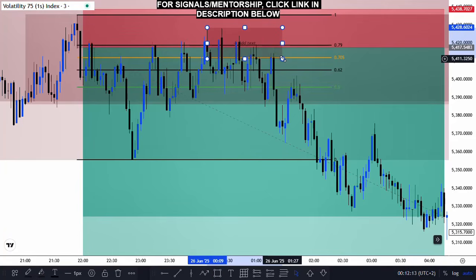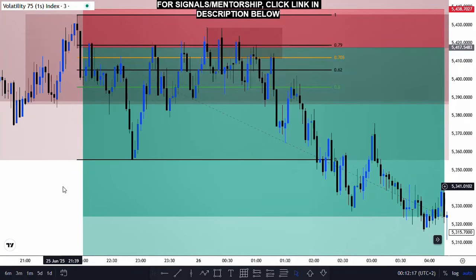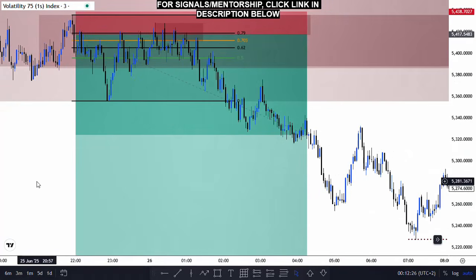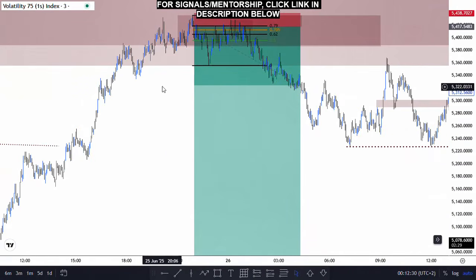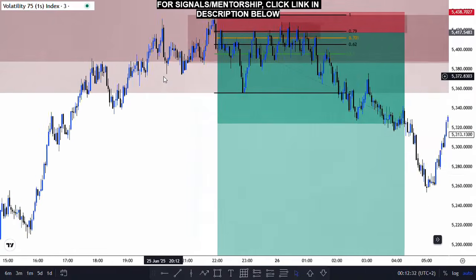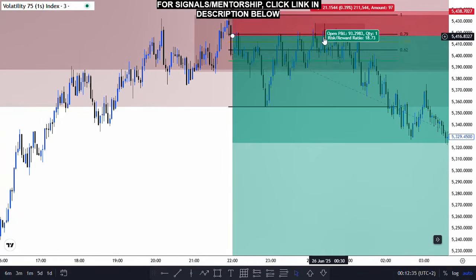Most of the time when I'm sending signals and I start seeing this, we just want to at least make something before price even reaches the 50% level of this whole move here. This is where you start adding more entries.